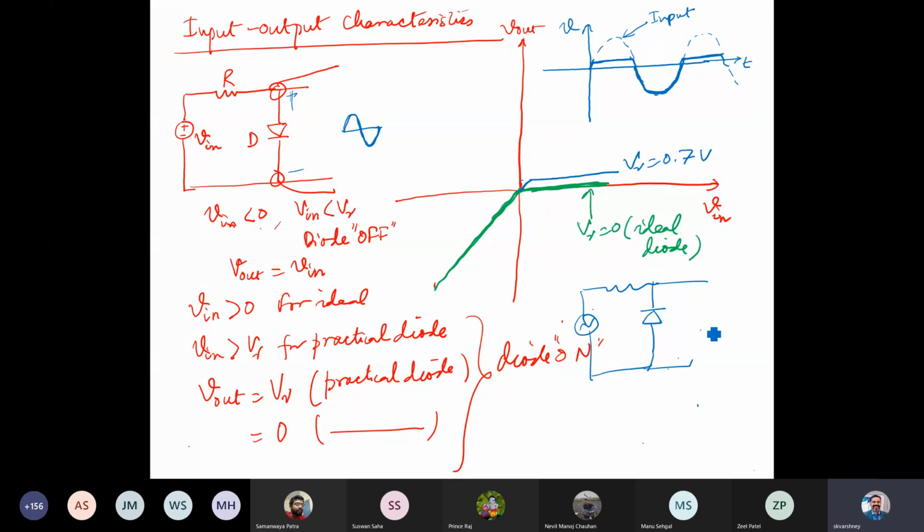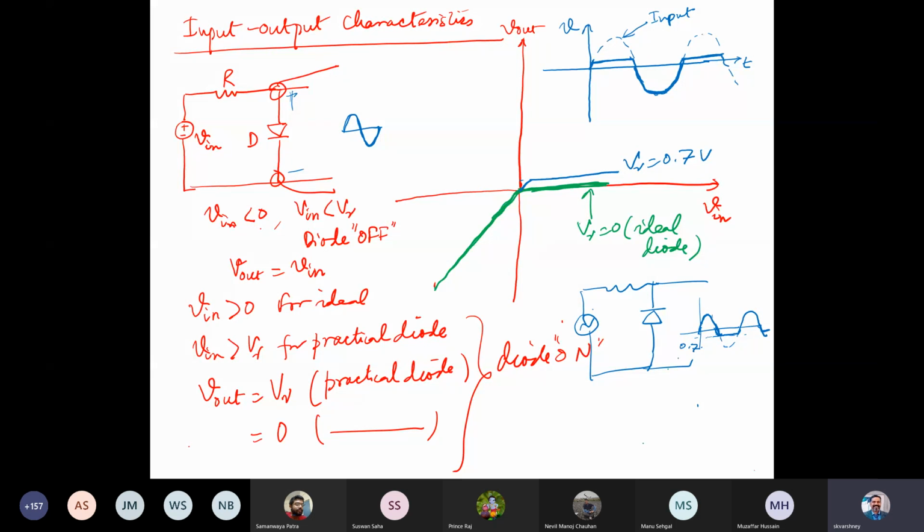So in this case, if this is the input, you get a curve like this, and it will be clipped at around 0.7. So whenever we want to create a certain kind of clipped portion of the wave, it's possible to use this. You just have to choose the measurement, or you want to measure the output across a particular component, let's say it might be the diode.